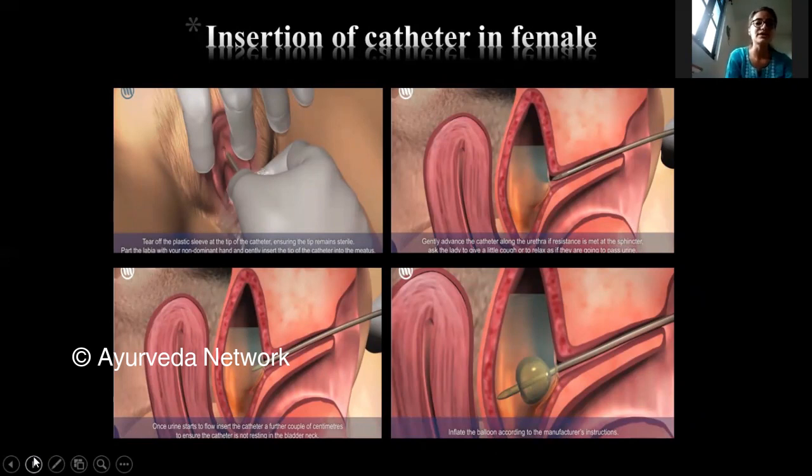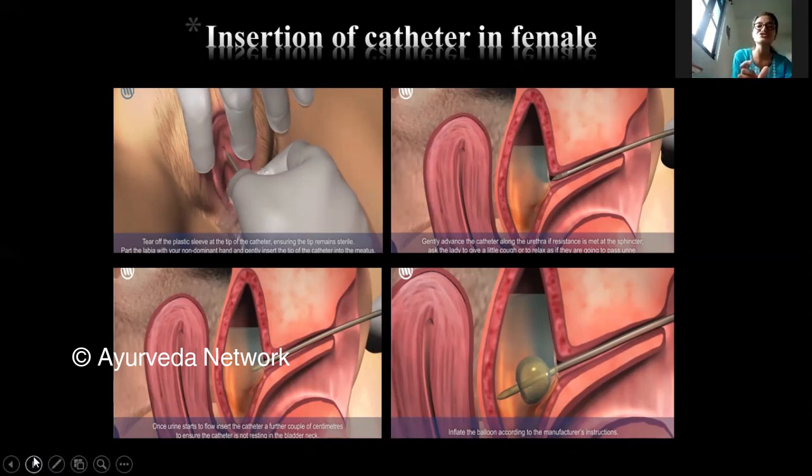Now, when we have clearly understood where the urethral meatus is, you are slowly going to insert the catheter into the urethra until you reach the urinary bladder. Here it's a female urethra. You need not go very deep, as the female urethra is about 3.5 to 4 centimeters, right? So you need to go about 6 or 7 centimeters so that you reach the bladder.